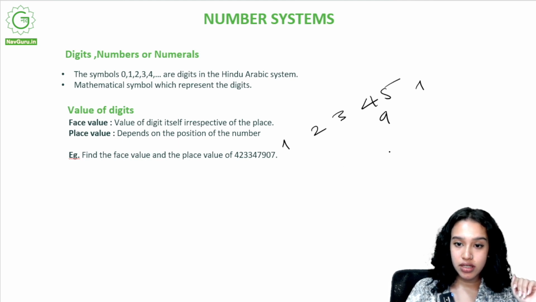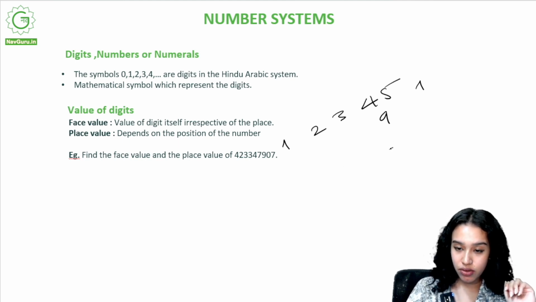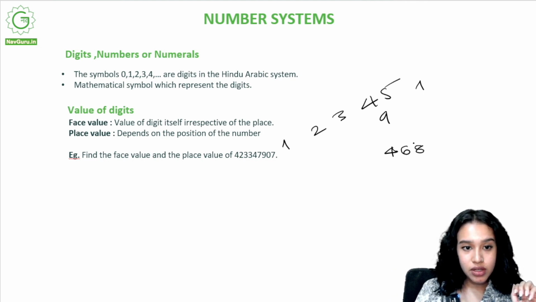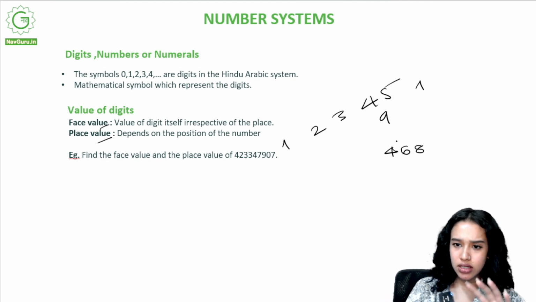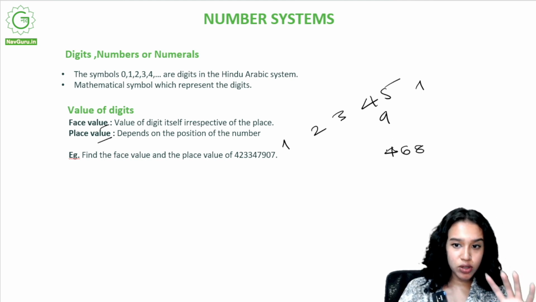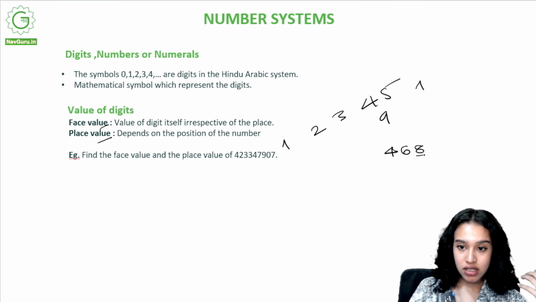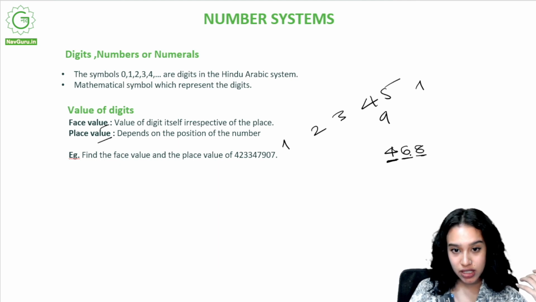For example, think that we are taking the number 468. There are two values for this number. The first value is the face value and the second one is the place value. If we're taking this number, we would know about the places. This is the ones place, this goes to the tens place, and this goes to the hundreds place.